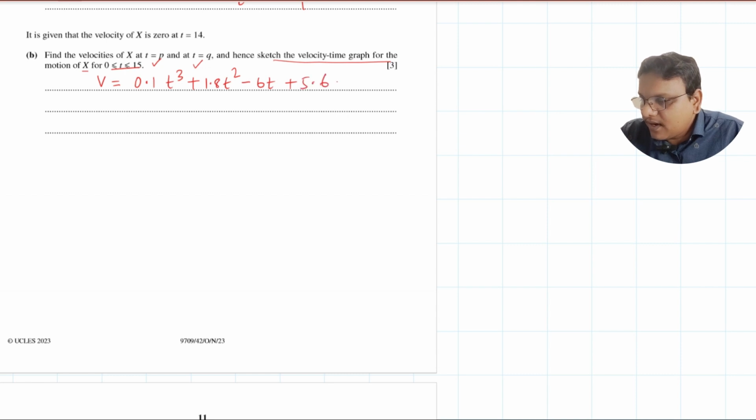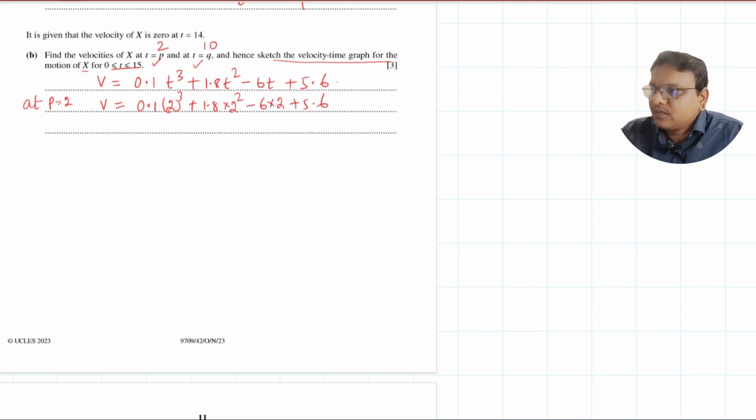So now tell me, at time p equal to 2, v is equal to 0.1 times 2 cubed plus 1.8 times 2 squared minus 6 times 2 plus 5.6, right? When you put the value in a calculator, you will get 0 meters per second. Check.